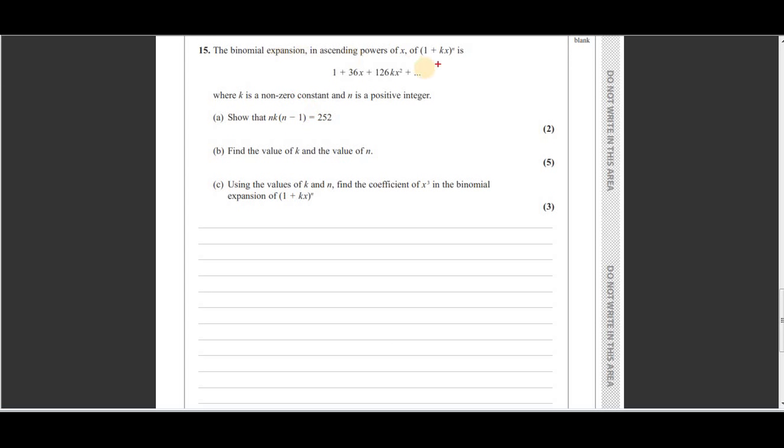It's a binomial expansion in the form of 1 plus kx.